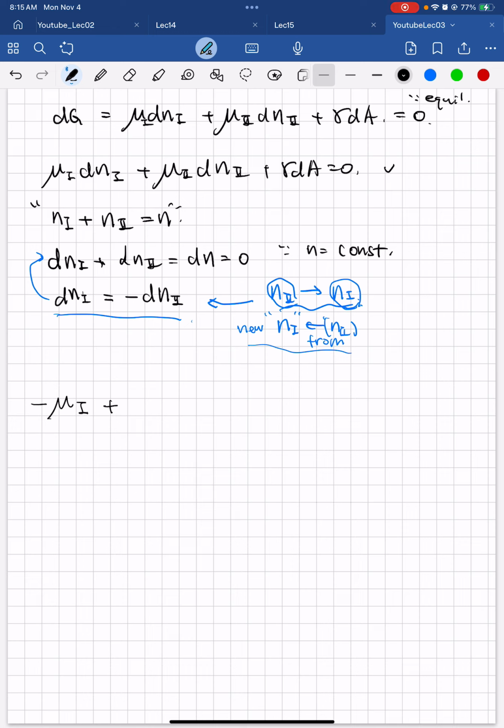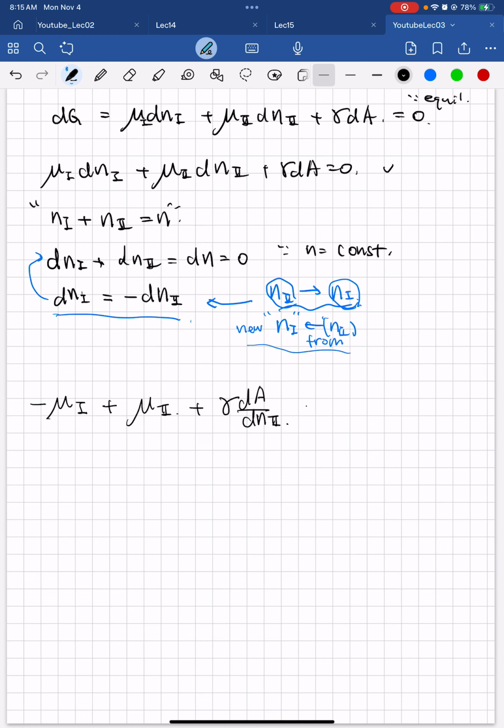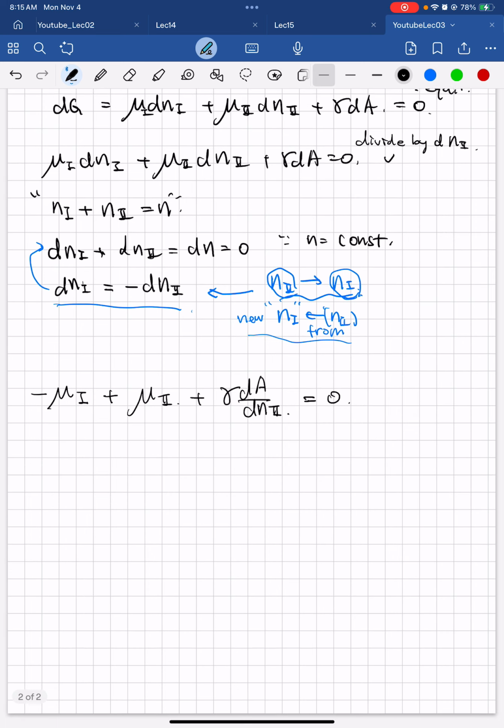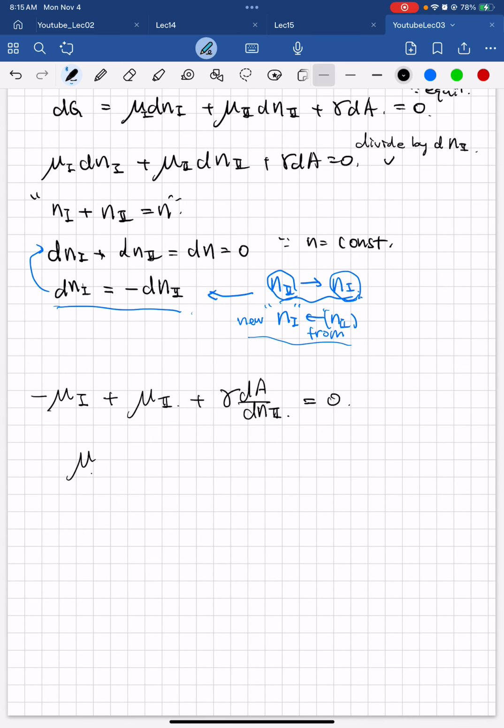Minus mu 1 plus mu 2 plus gamma dA divided by dn2 equals to 0. Then rearrange it. Mu 1 minus mu 2 equals to gamma dA over dn2.